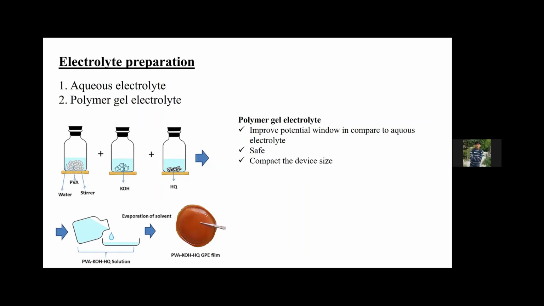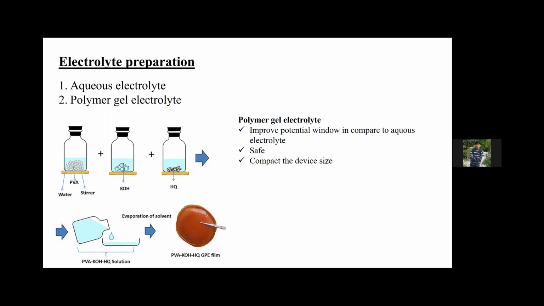Once the KOH or the HQ is dissolved, it becomes a clear suspension. Once this clear suspension forms, we just put it in a petri dish and dry it.